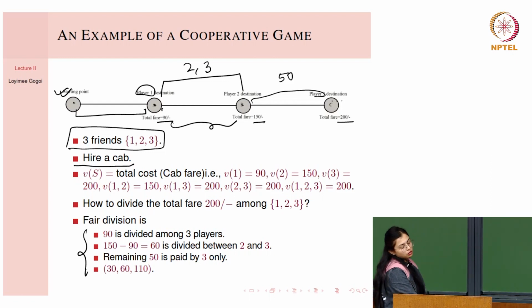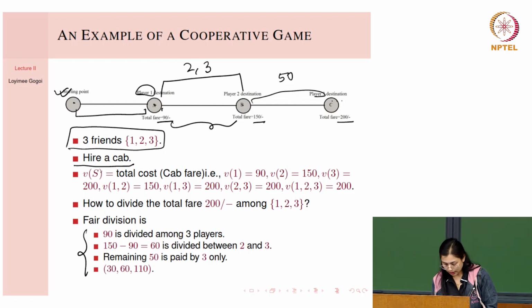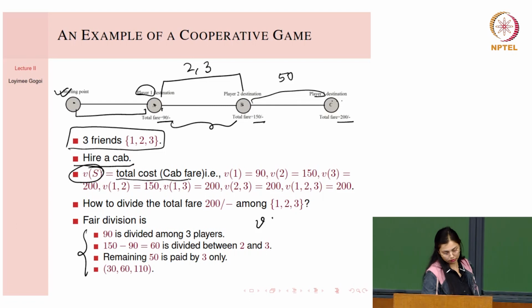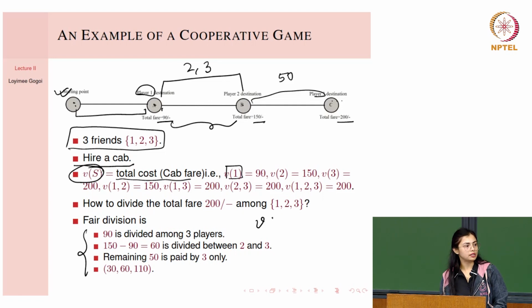Okay. So based on that scenario, I define a game, where V is the total fare. V of {1} is 90 rupees, V of {2} is 150, V of {3} is 200.